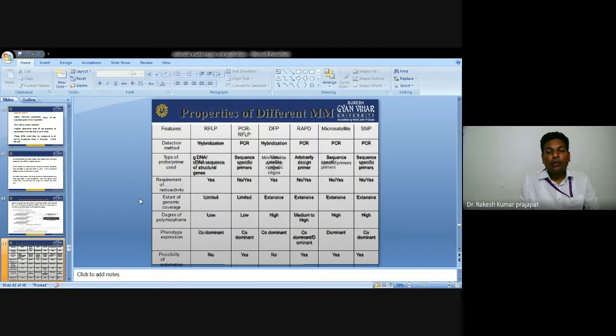The extent of genomic coverage is limited in RFLP and PCR-based markers, while in the others it is extensive.